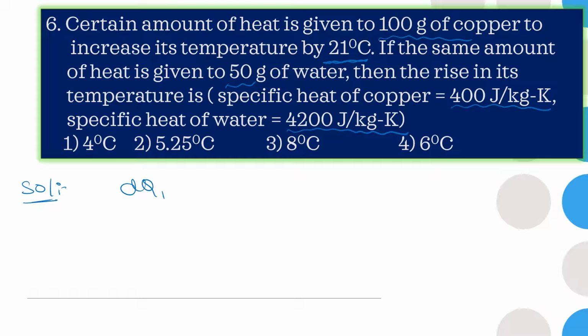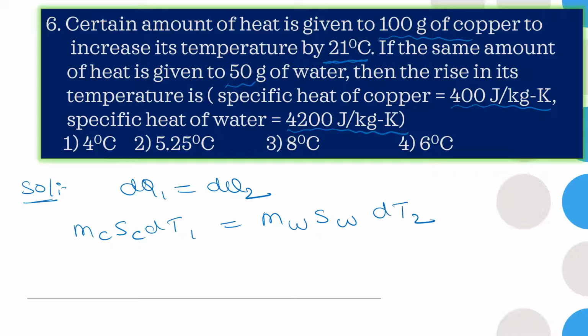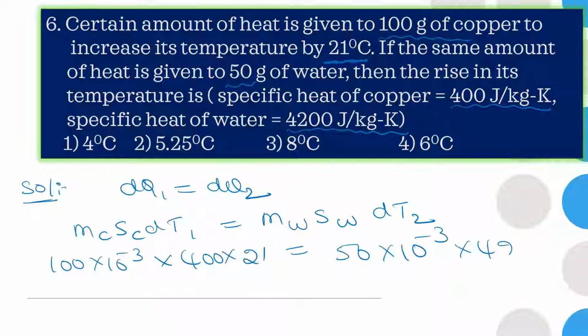Here dQ1 is equal to dQ2, that is m s dT1 is equal to m s dT2. The first one, the required heat, is for copper, and the other is water. So now substituting values: 100 into 10 to the power of minus 3 into 400 into 21 is equal to 50 into 10 to the power of minus 3 into 4200 into ΔT2.